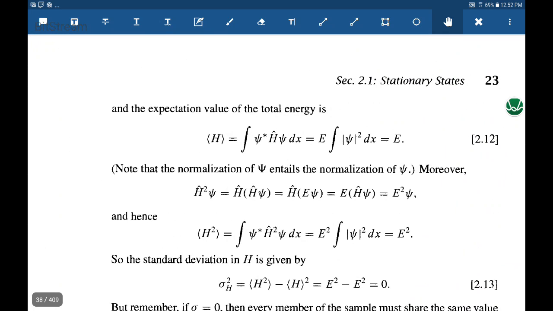The expectation value of the total energy is just going to equal the energy.